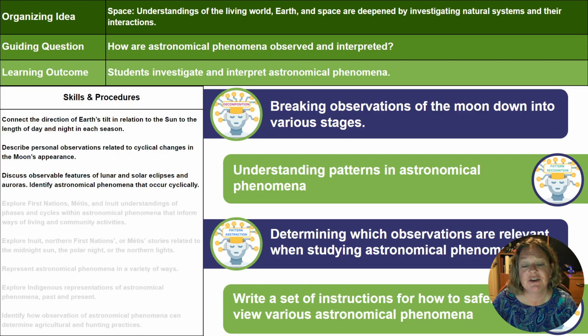Determining which observations are relevant when studying astronomical phenomena, this is that abstraction piece where we're looking for just the relevant pieces. So if we are talking about seasons, what matters is the tilt of the Earth in relation to the sun, and where we are in our rotation is an attribute that doesn't come into play if we're talking about seasons.